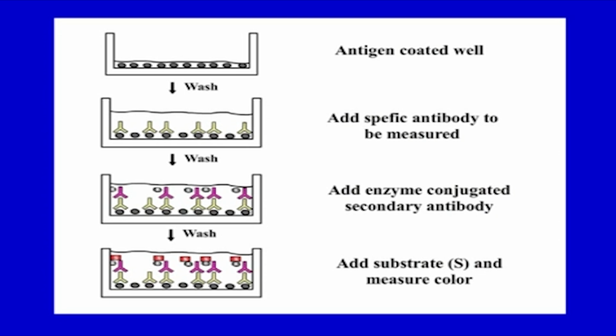Then secondary antibody, which is enzyme conjugated, is added, then substrate is added and color production takes place, or signal generation takes place, which could be measured.